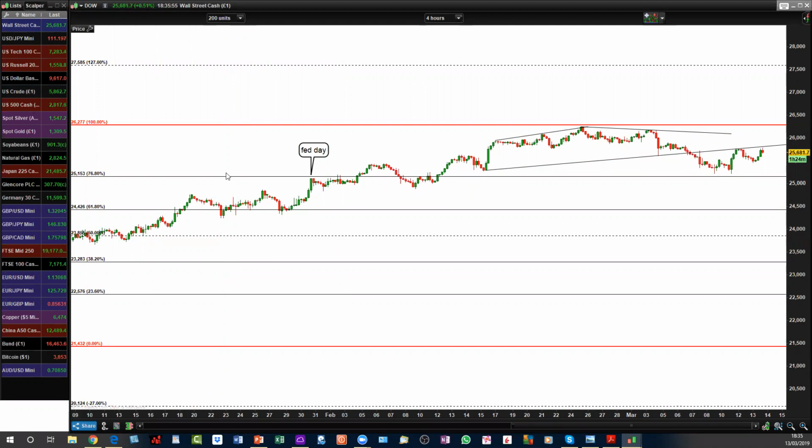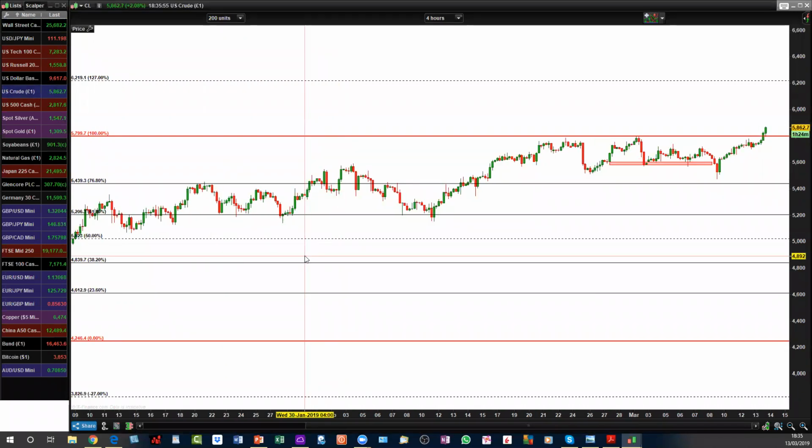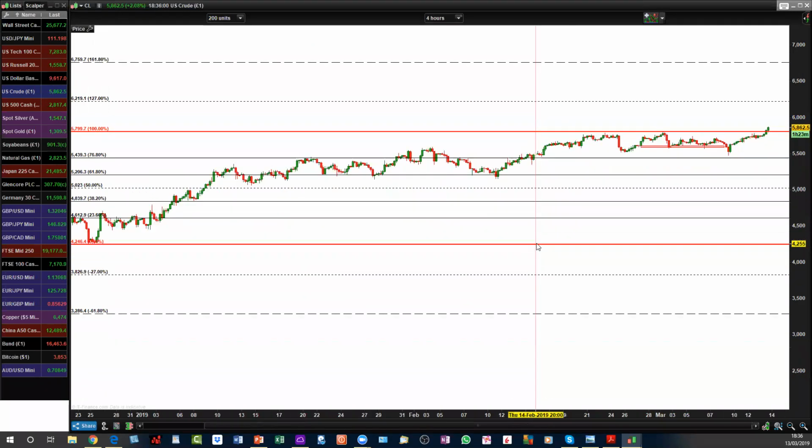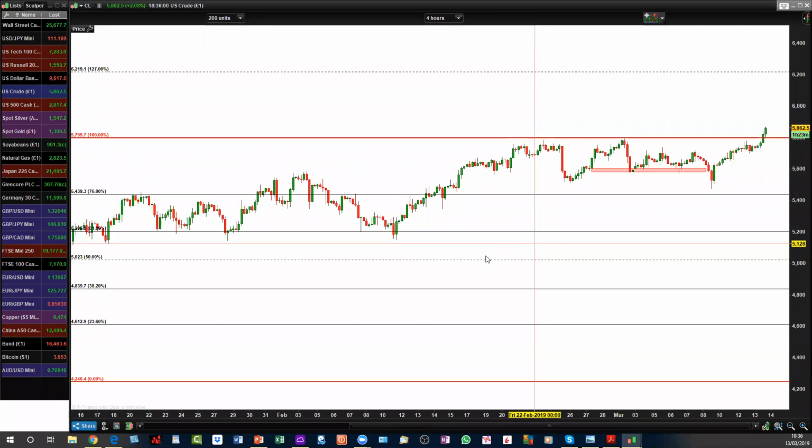You don't need to know why oil's going up, but I think it's because Venezuela is a major producer, and obviously the politics in Venezuela is not great right now, and the taps are being turned off. So the inventories today have produced this move.